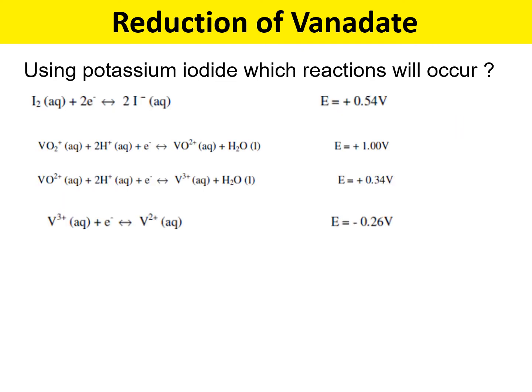If we look instead of using zinc and we use iodide ions, iodine has a standard reduction potential of 0.54 volts.